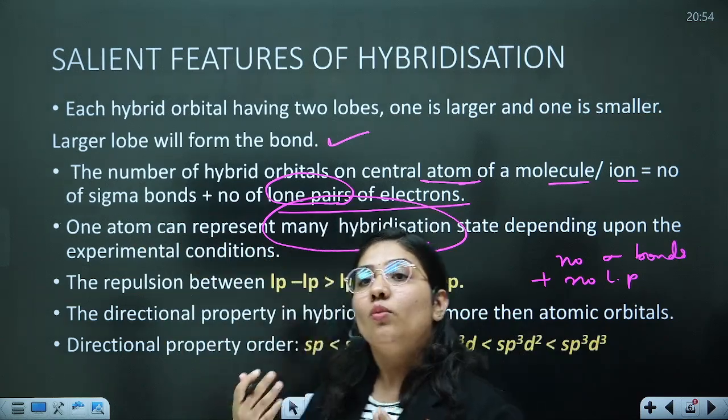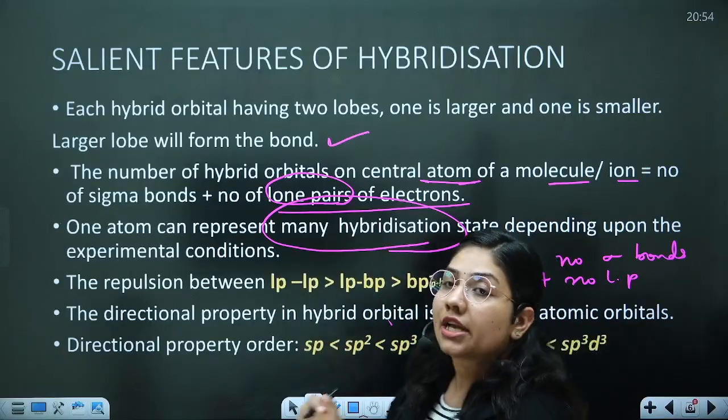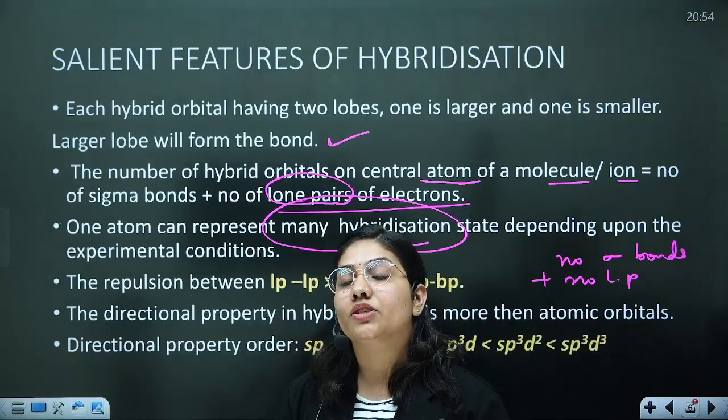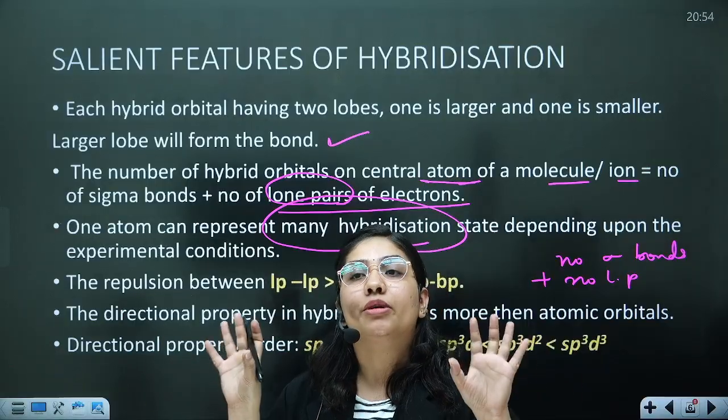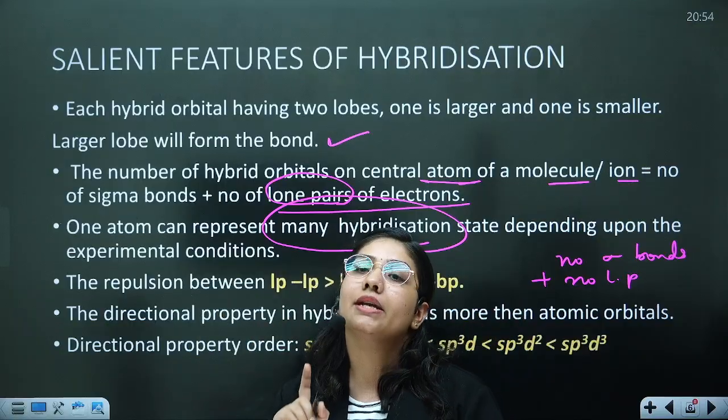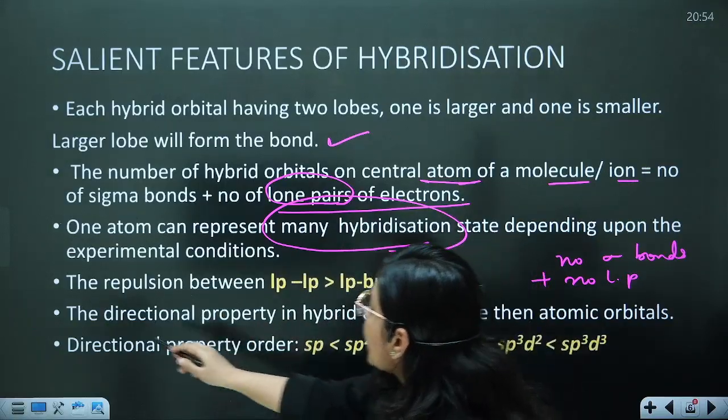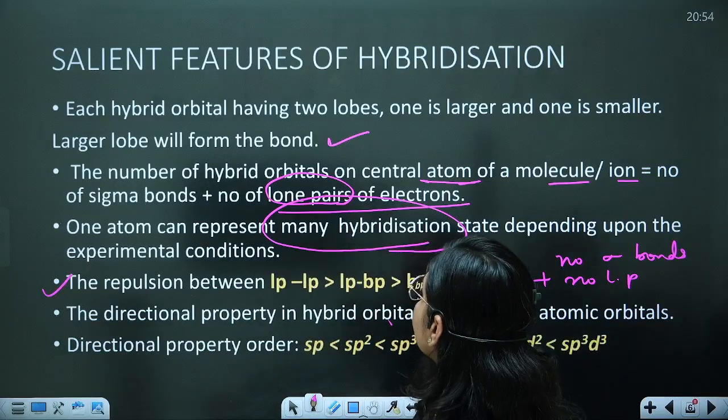So one atom can show more than one hybridization state depending on the molecules attached and the orbitals participating in the hybridization.